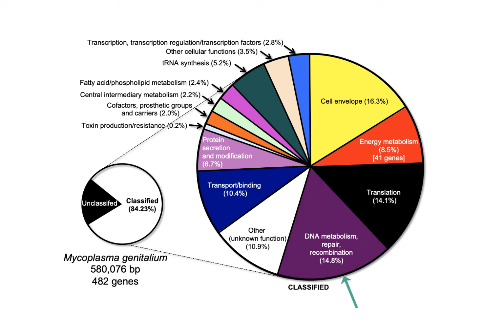It has genes for DNA metabolism, repair, and recombination, as well as translation and transcription, although all of those are somewhat smaller than what you would expect from a free-living organism. They also have about 10% of their genome in transport and binding, and those are those transmembrane proteins, transporters that are bringing things into and taking things out of the cell. So a pretty rudimentary genome in this case.